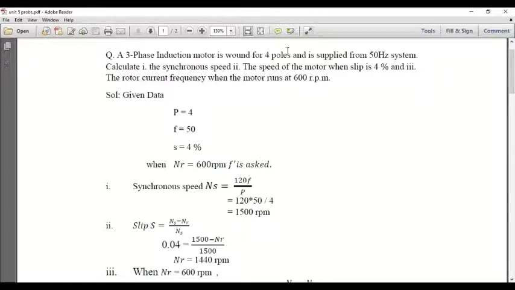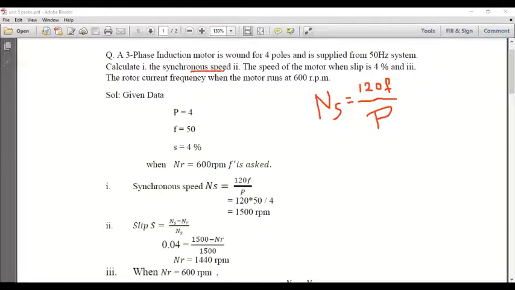We know the basic formulas here. The synchronous speed ns is equal to 120 f by p. In this question, first we have to find out the synchronous speed.